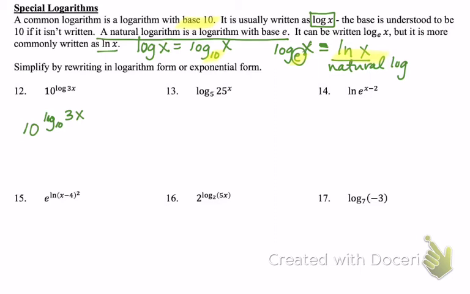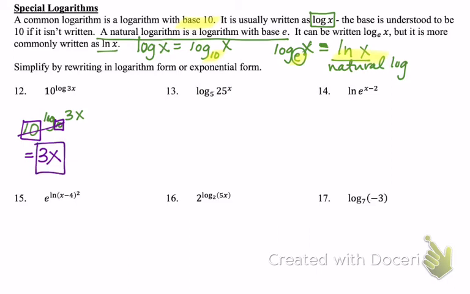So if you have, this is just another rule, if your exponent and your log base equal each other, then they will cancel out. So here is a 10 and here is a 10. If they have the same base, then they will cancel and you end up getting just 3x.